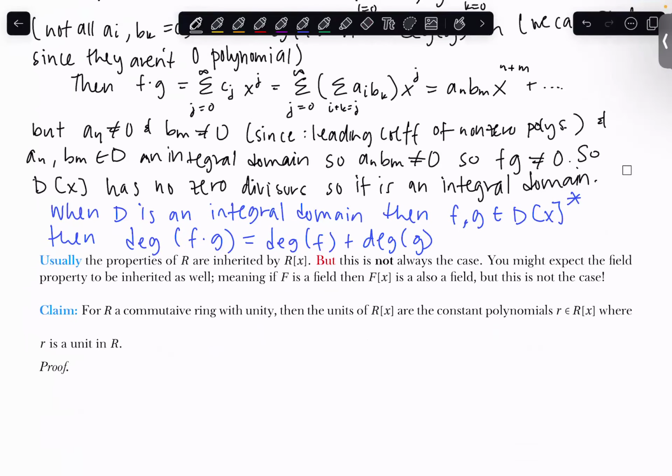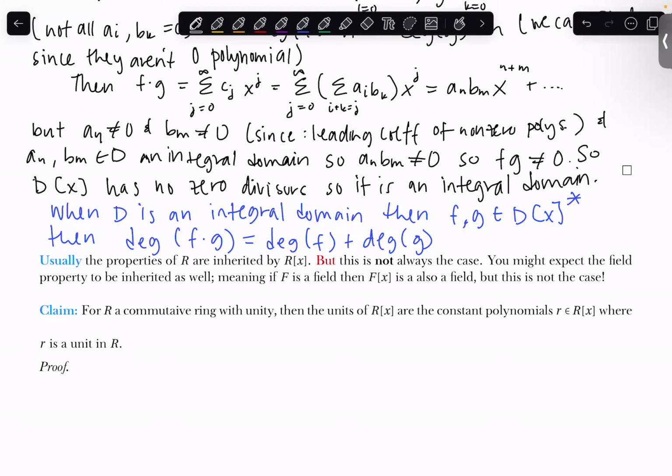Okay, so lots of times the properties of the ring are going to be inherited by the polynomial ring, but this is not always the case. So one thing that you might think is if you have a field for your ring, then the polynomial ring with that as its coefficients should give you back a field, but that's not the case.